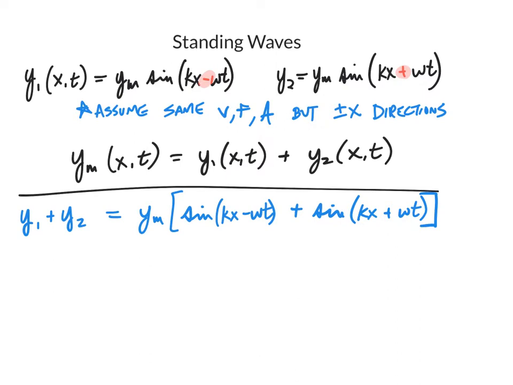So again, we would have to go through all of those motions with that trig identity. I'm going to spare you that, all right? And what you get after going through all of that rigmarole, which isn't entirely necessary.